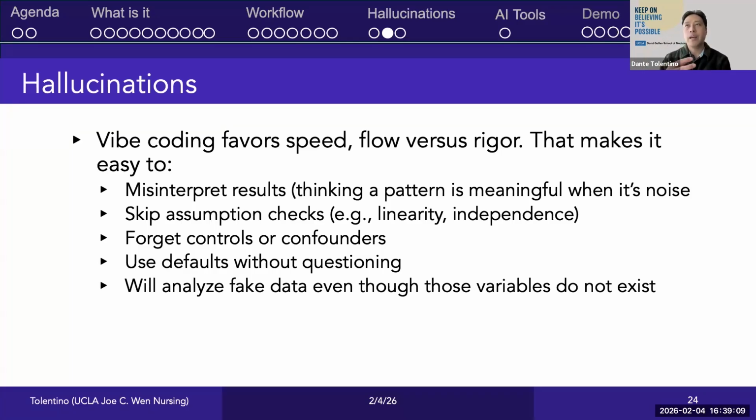And so it created these fake variables for us, analyzed them, and gave us an output as if they existed. And so it's really important, again, to follow that workflow where you're providing a lot of documentation, doing a lot of that RAG, as well as good prompt engineering techniques when you're vibe coding.